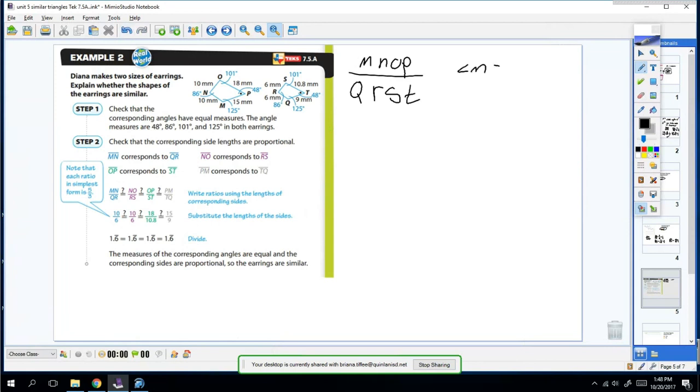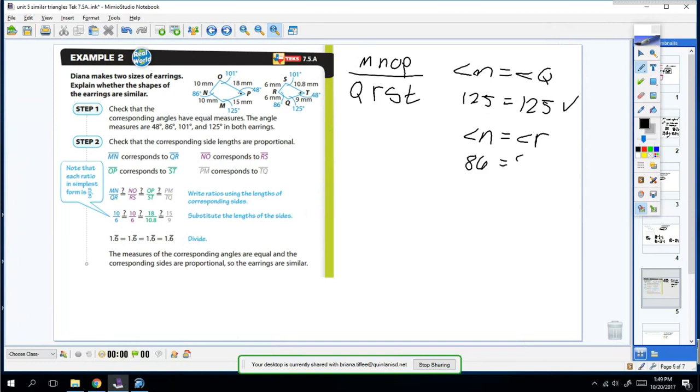Angle M goes with angle Q. Okay, they're on top of each other. Angle M is 125 and Q is 125. Good so far. Angle N goes with angle R. Angle N is 86.